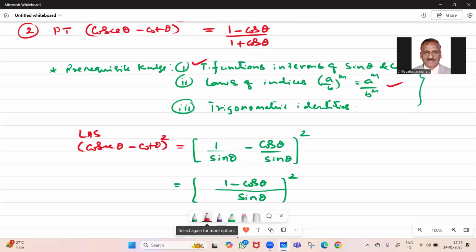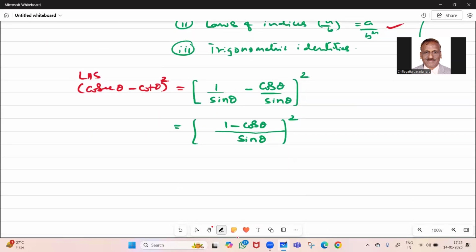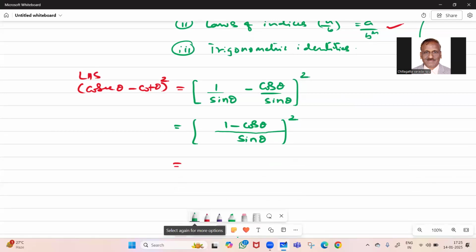We will apply this formula for further calculations. So the next step can be written as (1 minus cos theta) whole square divided by sin theta whole square.